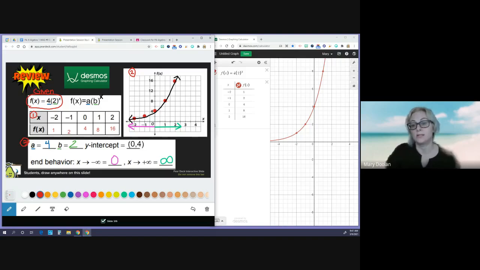Yes, Desmos is allowed and encouraged, okay? It does take a little bit of getting used to. There's a learning curve with using Desmos. But this is a tool. So in math, we use tools to help us do math, and this is one of the tools that you're allowed to use, and it's an encouraged tool to use.